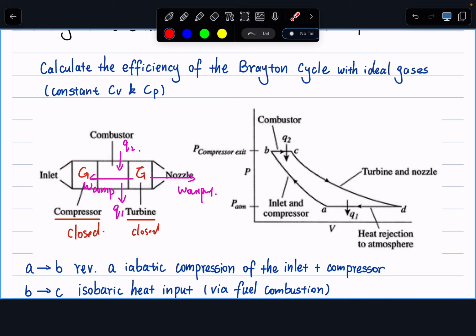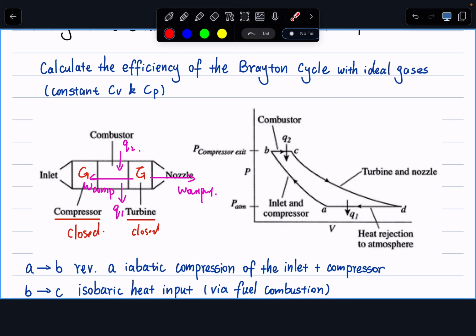So far, so good? And, well, we know what our Q2 is. That's a delta H between B to C. Likewise, we can calculate our Q1. That's the same as delta H between the process D to A. And that's our Cp dT, or Cp times TA minus TD.